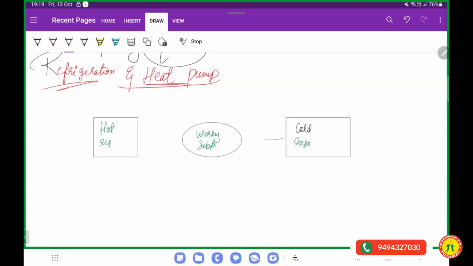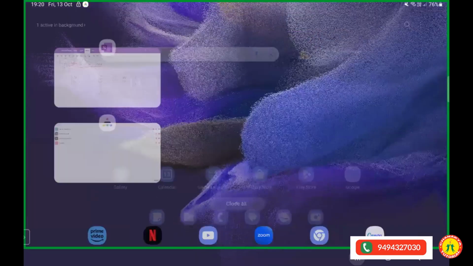In this case, heat is given to the system, work is done like this, and the remaining is released to the system. Let's take this as Q2, Q1, T1, T2. Q1 minus Q2.